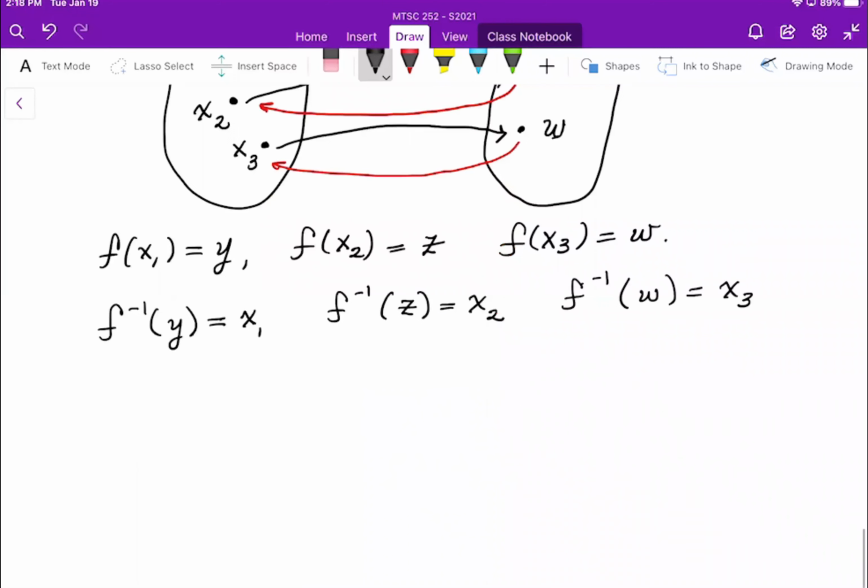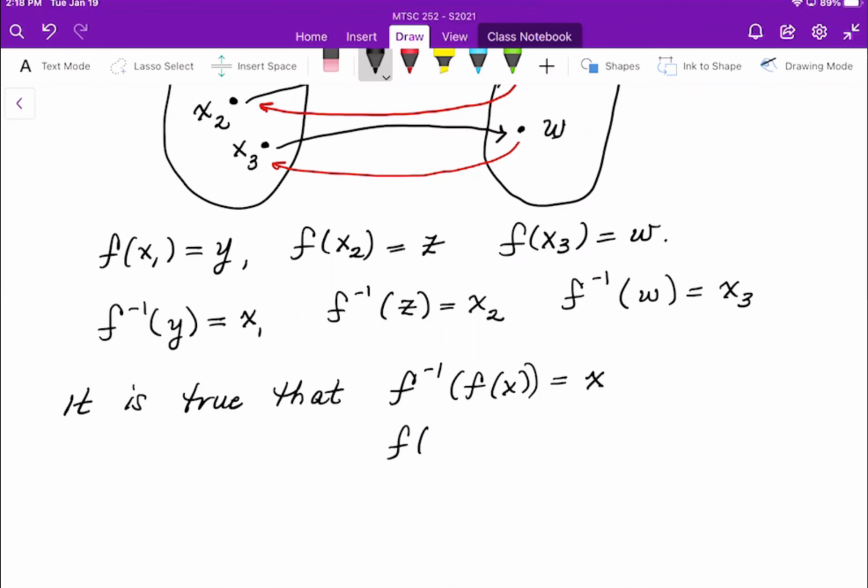All right, so it is true that f inverse of f of any x is going to be itself. Anything you pick. So f inverse of f of x is x, and f of f inverse of x is x.